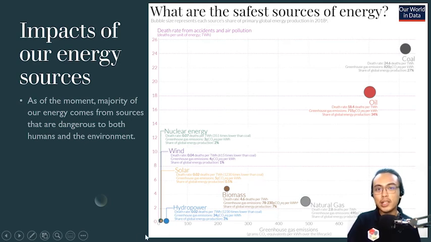They produce the least amount of deaths over their entire life cycle, but they also produce the least amount of greenhouse gas emissions, which is ultimately good for our environment. So if we really are considering sustainable development, considering both protecting human health and protecting environmental health, you can now see that indeed, renewable energy is our future.